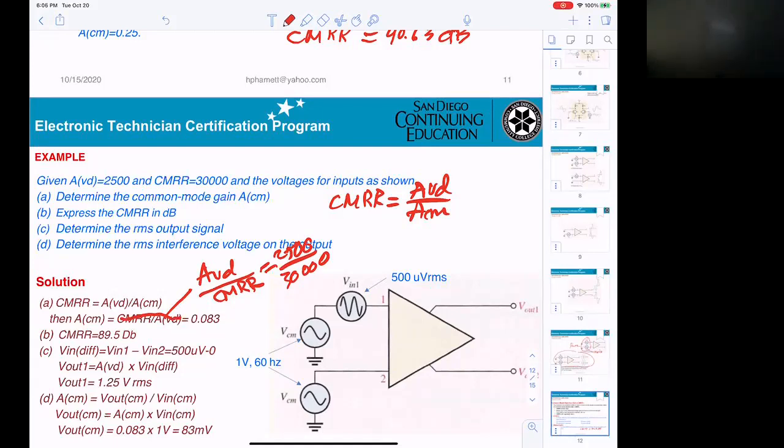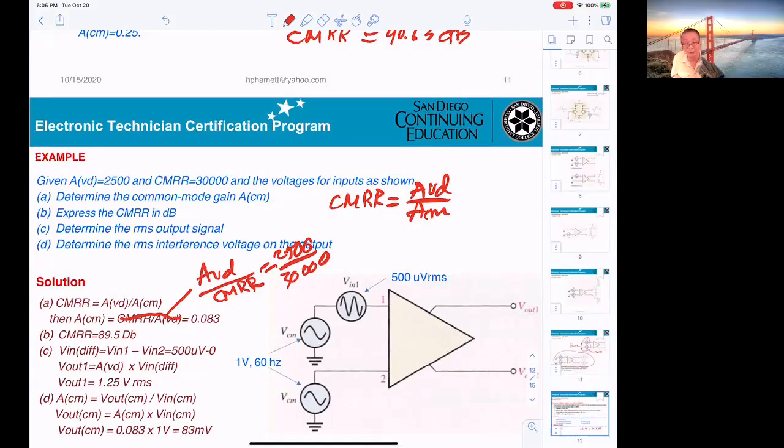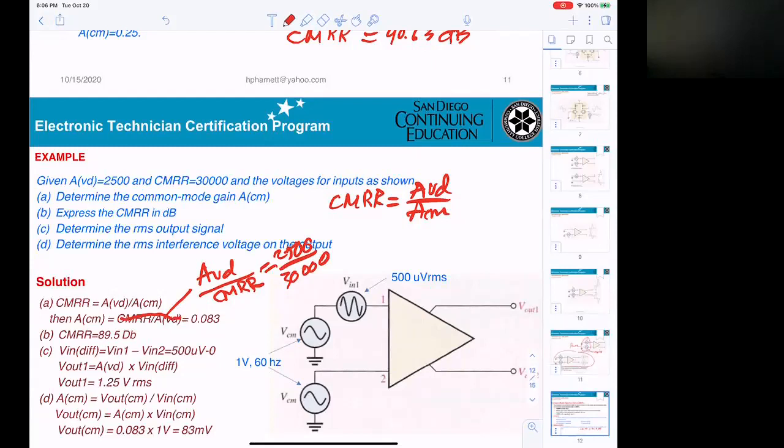Is it 12? Come on. I'm saying your input is 1 volt for common mode, and the gain for common mode is 0.083. What is the Vout for the common mode? 0.083. Yeah. You take the gain of common mode times the voltage input common mode. You get 0.083. Oh, yeah. That's right, because you just flip-flopped the formula around.